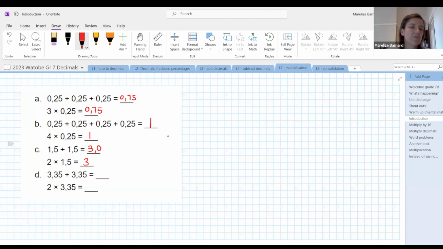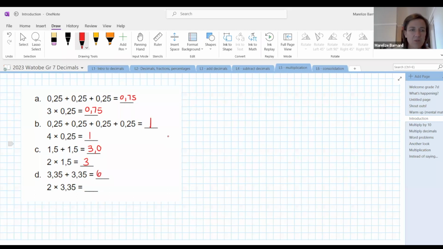What is 3,35 plus 3,35? Waiting for some answers. Post your answers in the chat, everybody. Remember about participation. There's no point trying to get better at maths without participating. There we go.